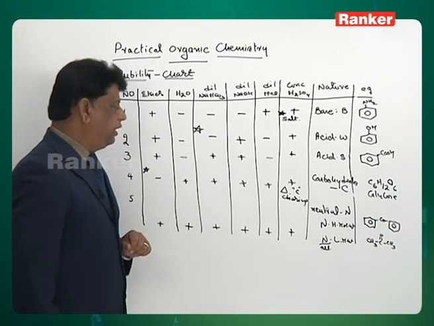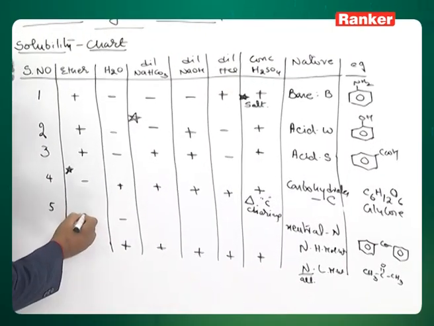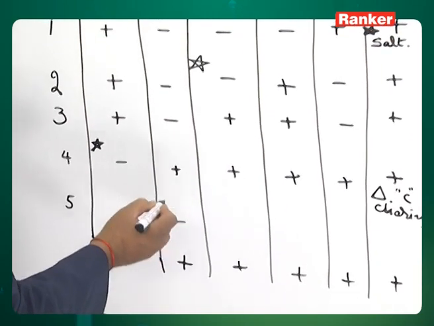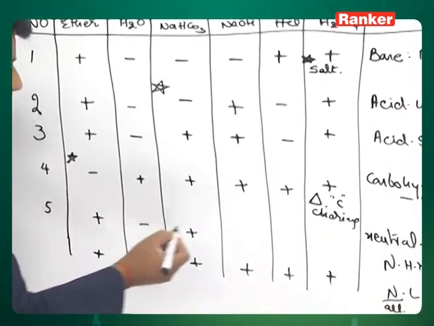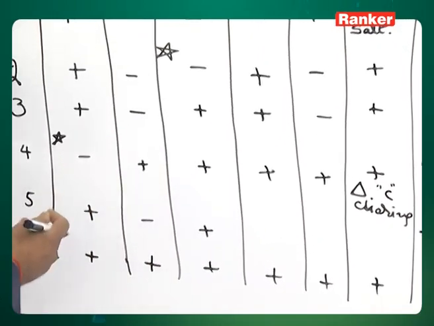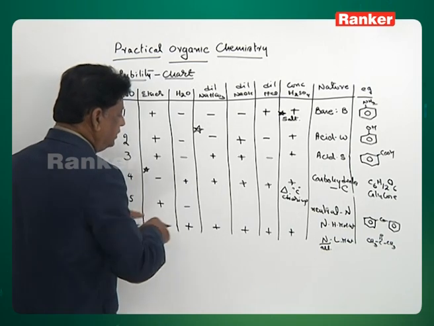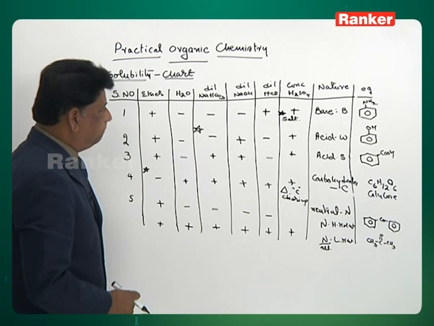But the benzophenone type of compounds are not soluble in water, but soluble in ether. They are soluble in ether, but insoluble in the acids and bases. This is their neutrality. Neutrality means not partial.